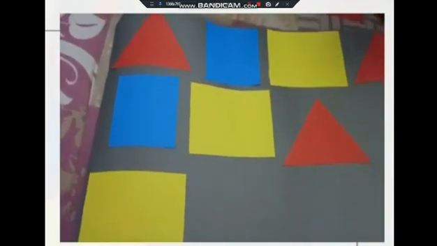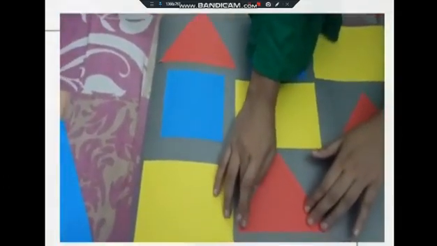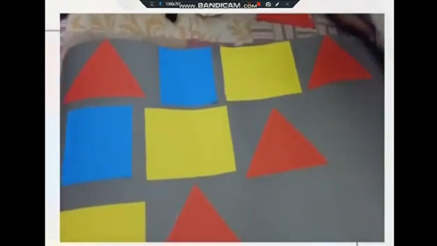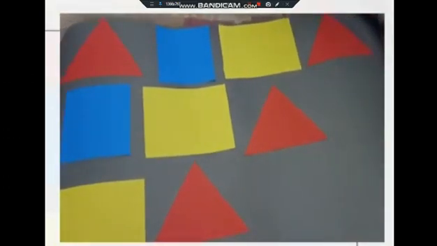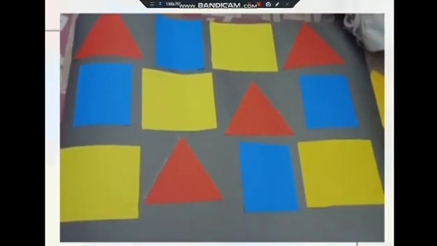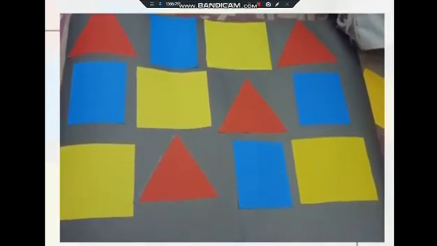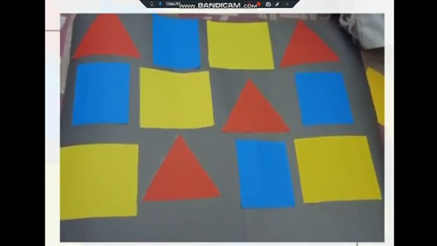Then square, then rectangle. In this way, we are following the shape pattern: triangle, square, rectangle, square, rectangle, triangle, rectangle, triangle. See how beautifully we make our shape pattern. It looks very beautiful. It is very helpful in decoration.